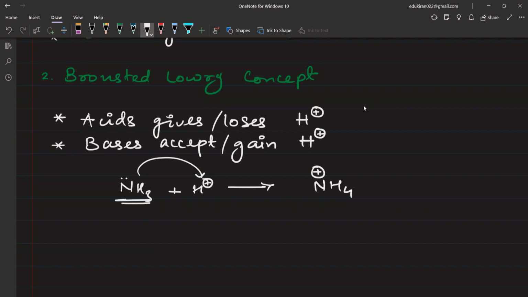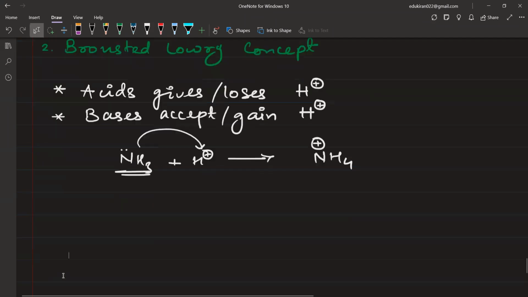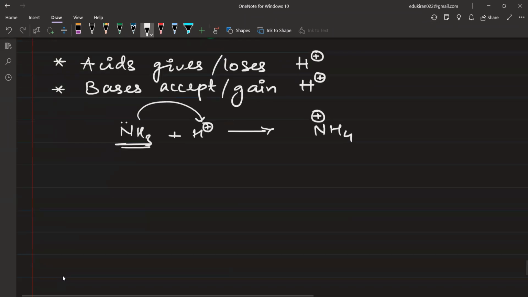Now, there are a few things Bronsted-Lowry also explained. After defining acids and bases, देखिए, एक example में आप देखिए. If I add a reversible nature to this particular reaction, now I am looking at the forward direction.